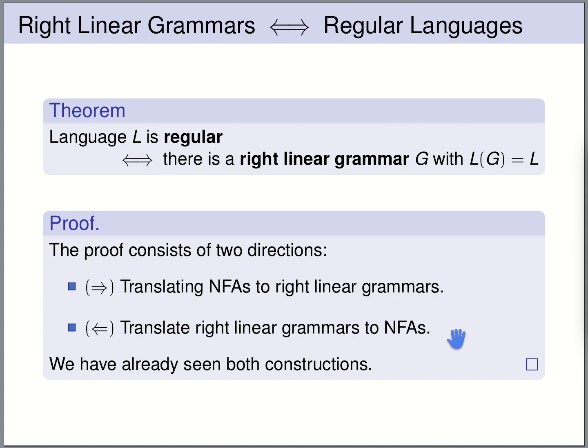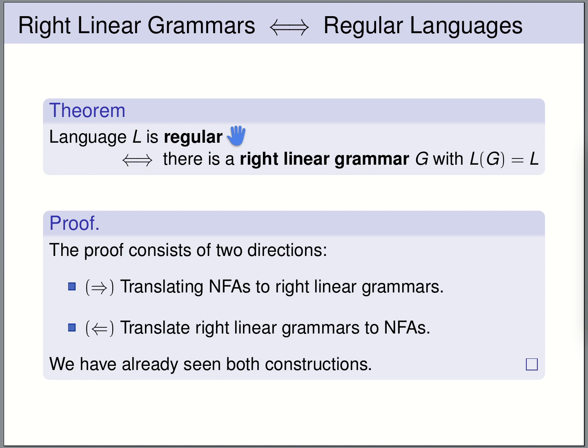And if you put both together, it means that they are equivalent in the sense that the class of languages that is defined by non-deterministic finite automata and by right linear grammars is the same. They both give rise to the class of regular languages. So we may conclude that a language L is regular if and only if there exists a right linear grammar that generates the language.